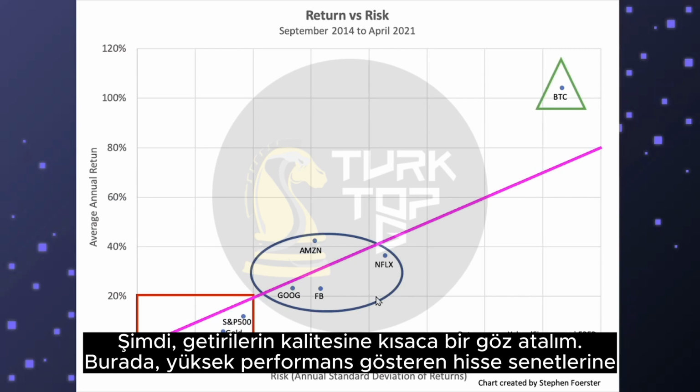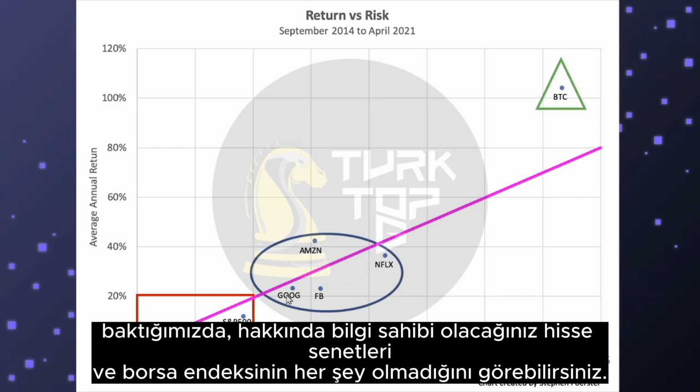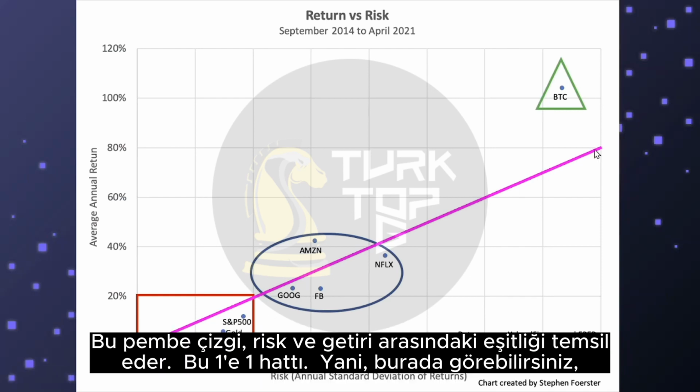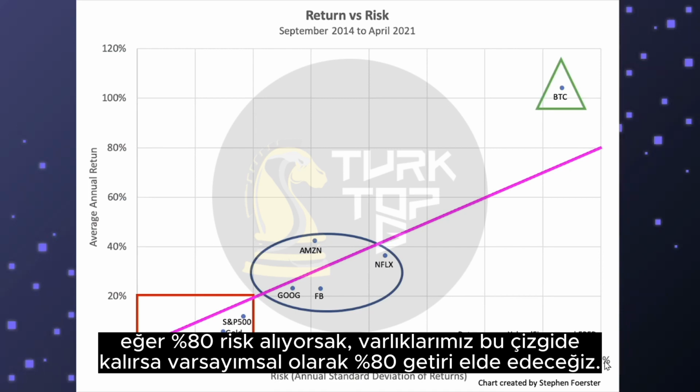Now, let's have a brief look here at the quality of the returns. You can see here that if we're looking at high-performing stocks that you all know about, and stock market indexes and everything, this pink line represents equality between risk and return. This is the one-to-one line. So if we're taking on 80% risk, we're going to be receiving 80% return, hypothetically, if our assets stuck along this line.